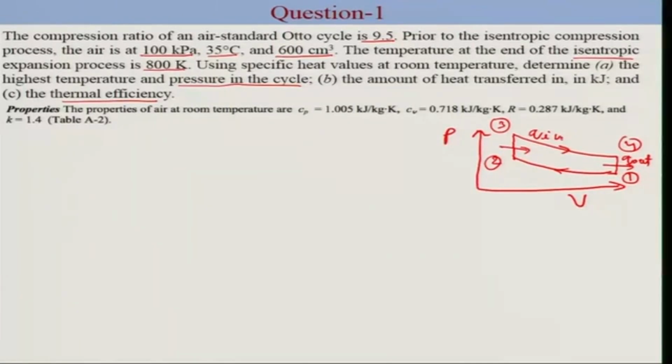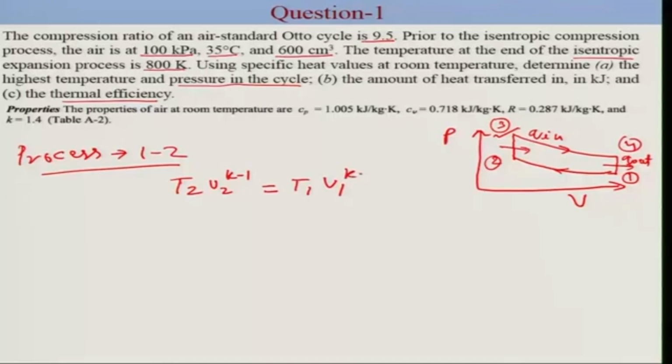Now we have to find the highest temperature and pressure in the cycle, which corresponds to state 3. Starting from the process 1 to 2, since it is an isentropic compression, T2 V2 to the power k minus 1 equals T1 V1 to the power k minus 1.